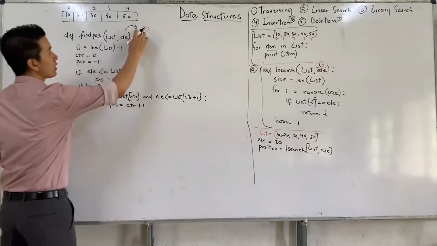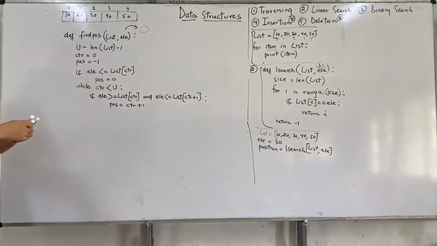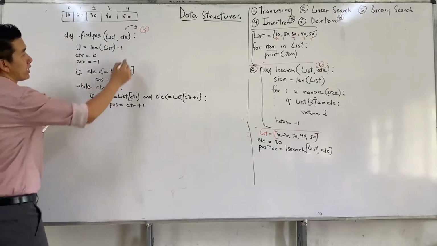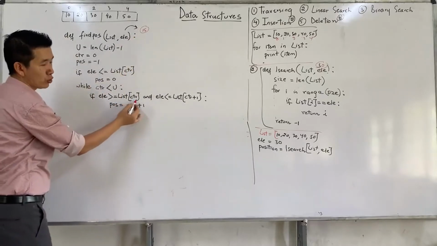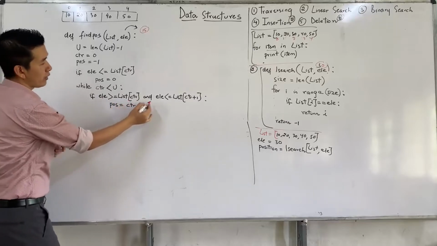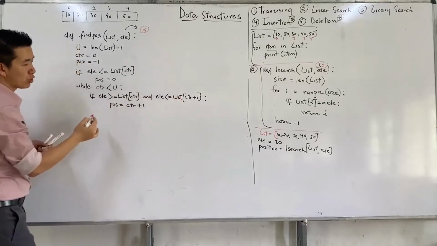Let's say I want to insert 15, don't worry, we'll run the program all over again. So let's say the value of ELE is 15, so this condition will be true. ELE 15 is greater than or equal to 10, and 15 is less than or equal to 20. So both the conditions are true.